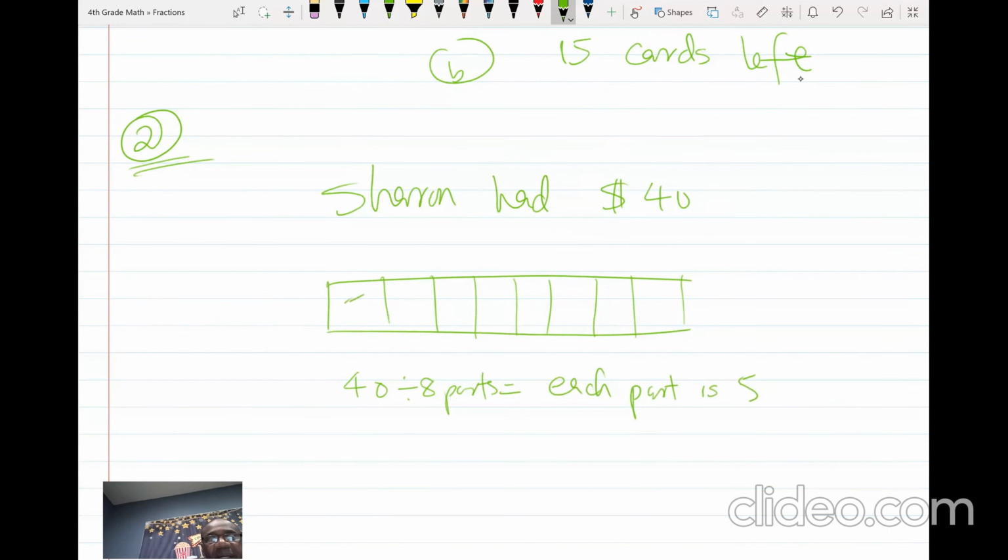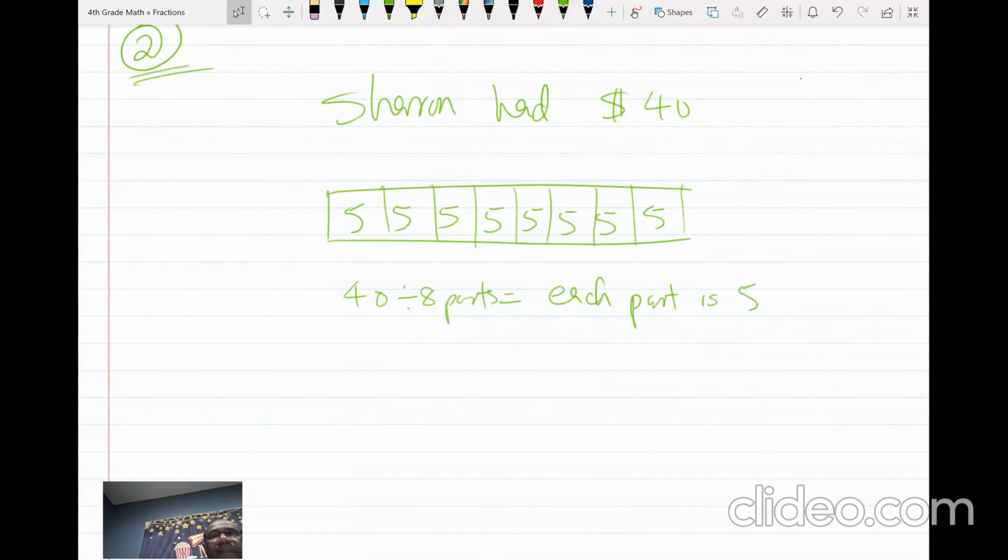Okay, so we fill it up. 5, 5, 5, 5, 5, 5, 5, 5. Okay, she spent what? 3/8. Spent 3/8. So this is 3/8. That means spent 3/8, right? So left 5/8.